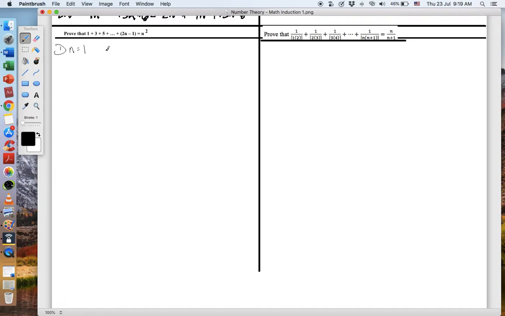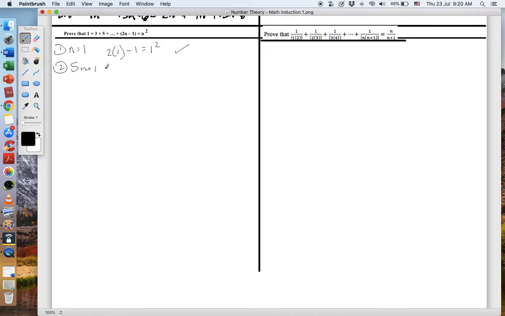If n equals 1, then we take just this last term here and substitute n, and we get 2 times 1 minus 1 is equal to 1 squared, so we get 2 minus 1 equals 1. That's a check, it's true for n equals 1.